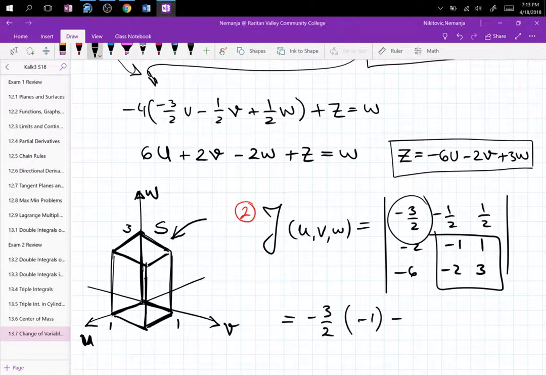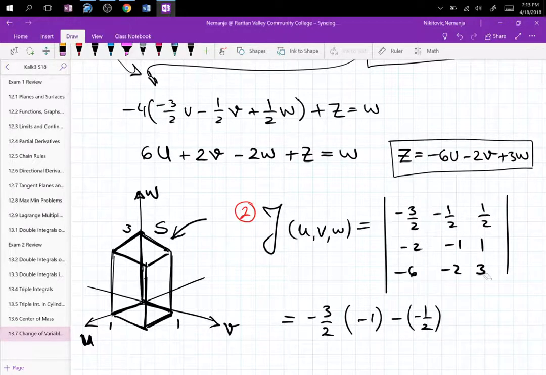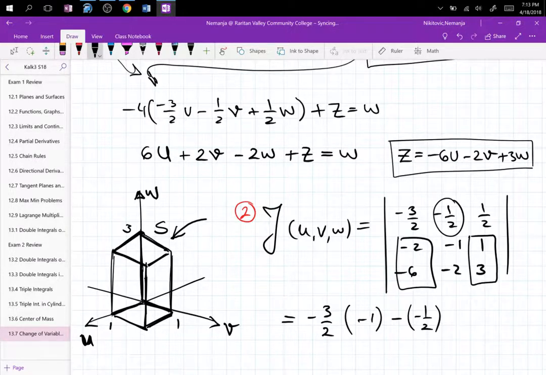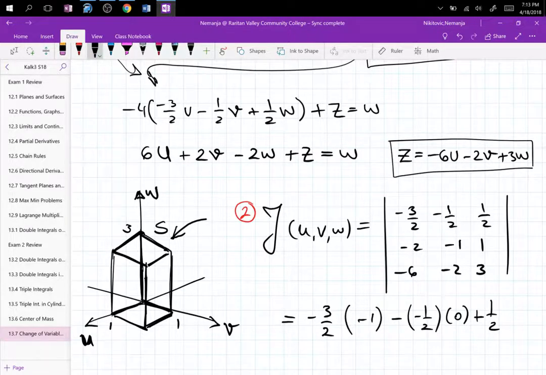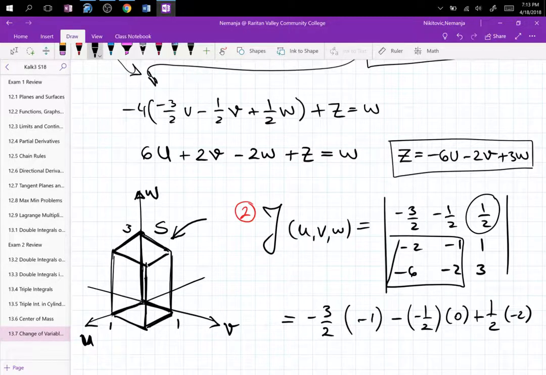And then minus negative 1 half times the... So when we do negative 1 half, we have to use this and this. So that's negative 6 plus 6, that's a 0. And then finally plus 1 half. If I'm using 1 half, I have to use these puppies here. So that's 4 minus 6 is negative 2. Nice. So let's say this is good.